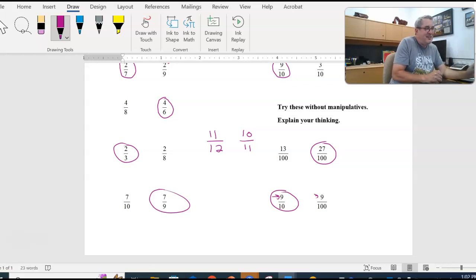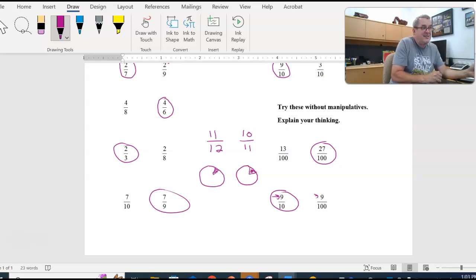Can you imagine 11/12? Imagine a circle cut up into 12 equal parts. I'm not going to do it, but if I cut that up into 12 equal parts, they're going to be pretty tiny little pieces. So there would be one of the 12, so I have 11 of them. And now imagine cutting up into 11 pieces. Cutting up into fewer pieces is going to make the piece a little bit bigger.